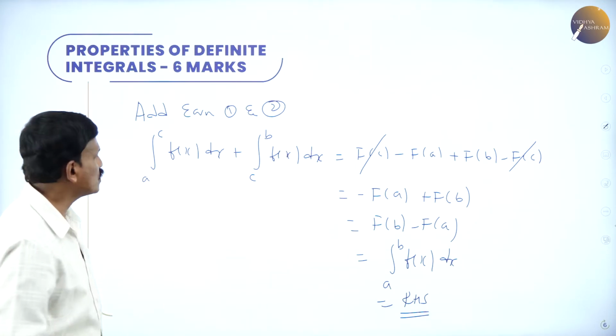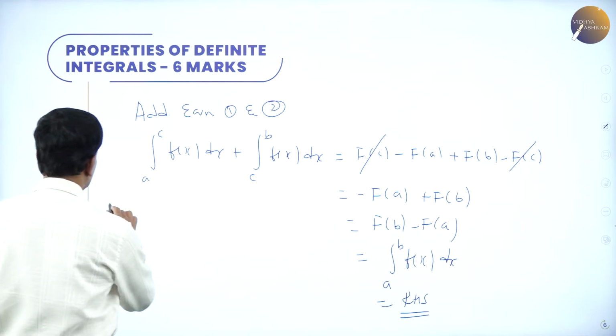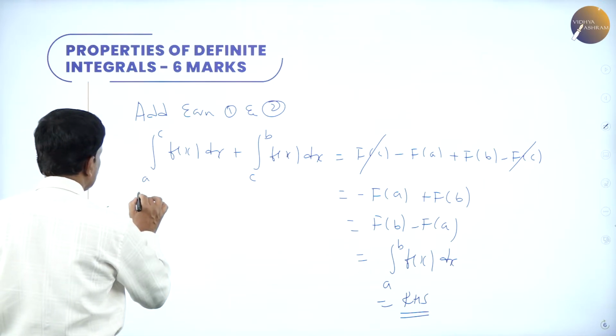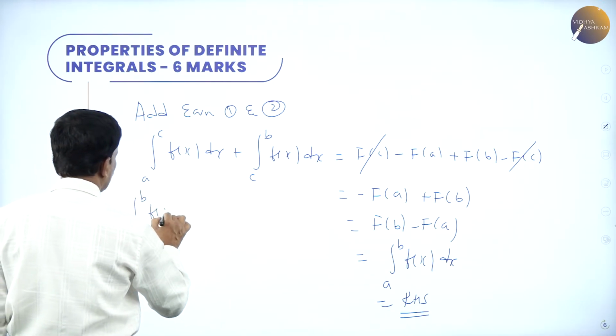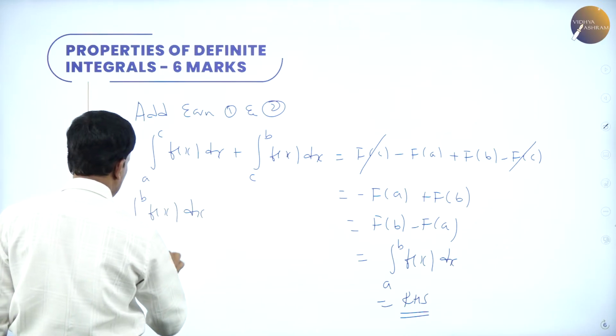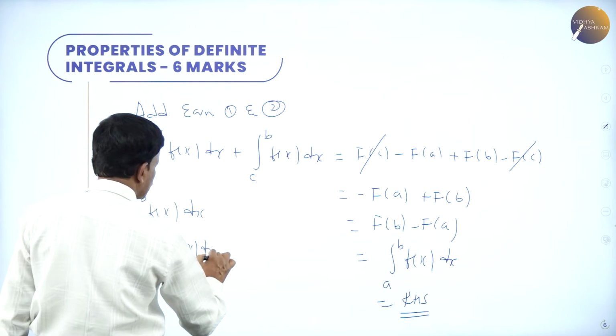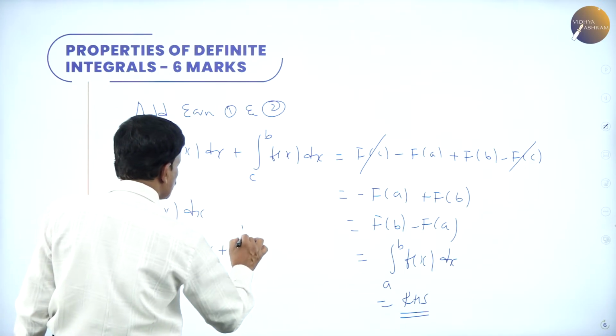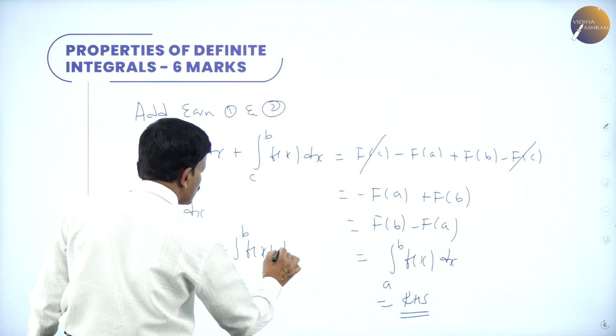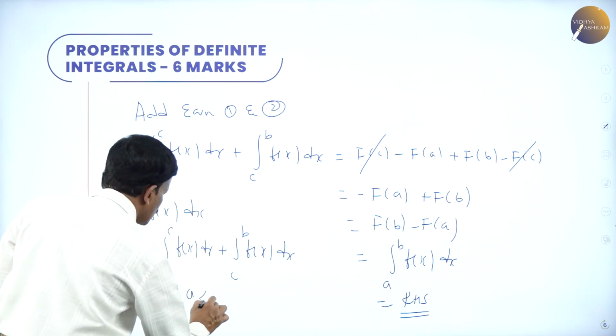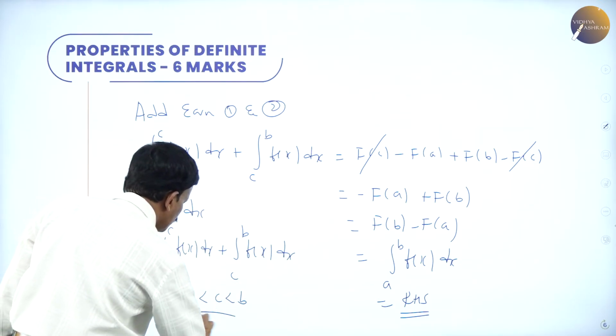That is the required answer. So, in general, integral a to b f of x dx is always equal to integral a to c f of x dx plus integral c to b f of x dx, provided c lies between a and b.